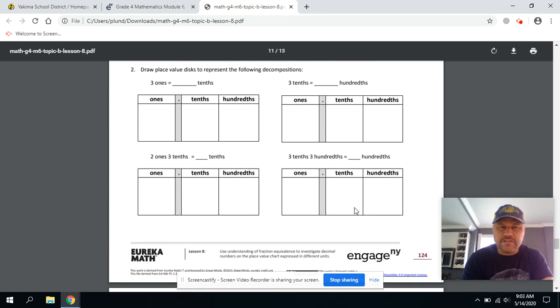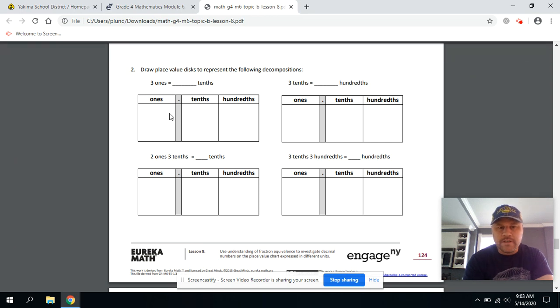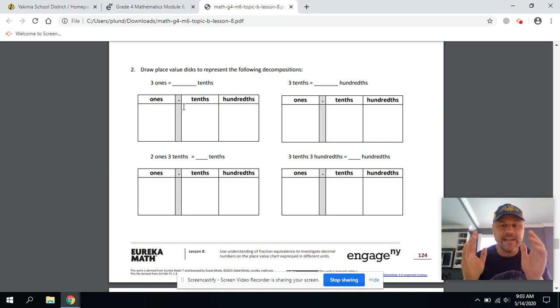Okay. And then looking at the next, draw place value discs to represent the following decompositions. 3 ones equals... 3 in the ones place equals how many tenths? Well, each one, we've done this, right? Maybe not with decimals as much, but each one we can circle, bring over, and 1 equals how many tenths? 10 tenths, right? So 10 tenths.